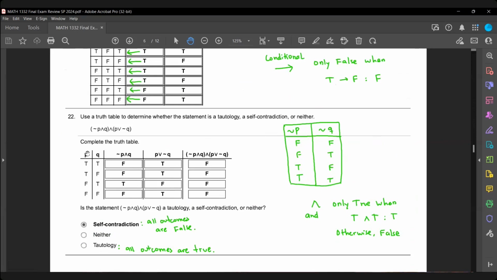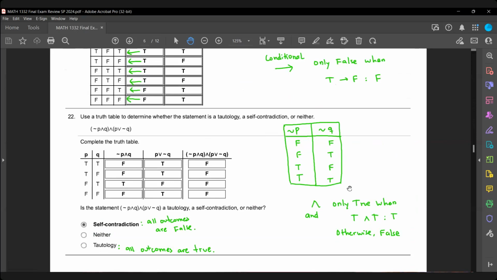Then we are connecting P with not Q using the connective or. Once again, or as long as you're telling the truth somewhere, the statement will be true. So true and false is true because something is true. True and true will be true, but false and false will be false.